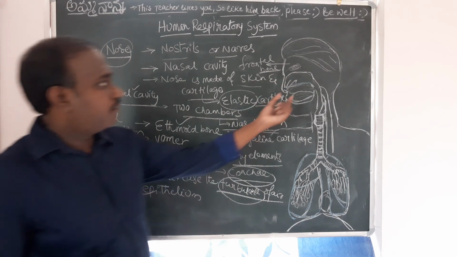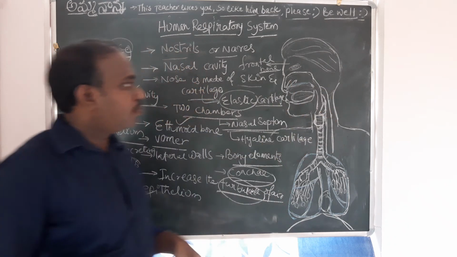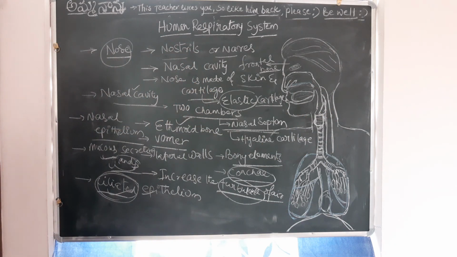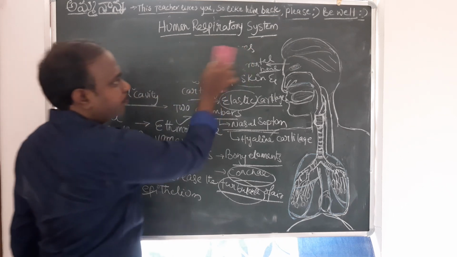After that, it leads to the next part, the pharynx, which we're going to see in our next part. Yes, so hope we are clear. I shall be erasing this.